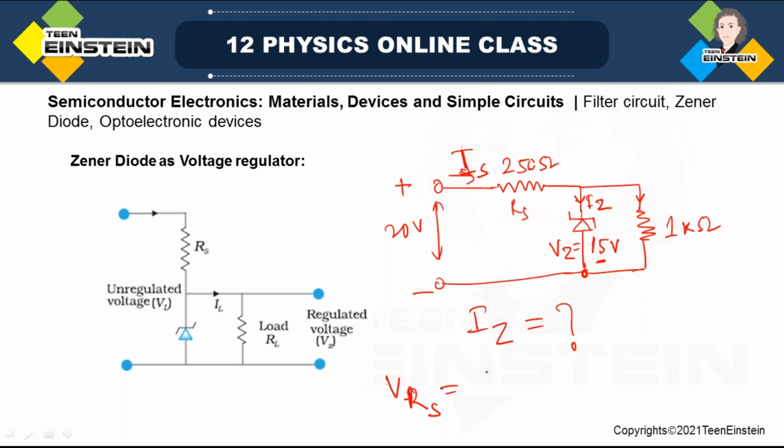Vrs will be 20 volt minus 15 volt. This is the voltage drop across this resistor. Now you know the resistance and the voltage drop across it, so you will easily get Is, the current through the resistor Rs.